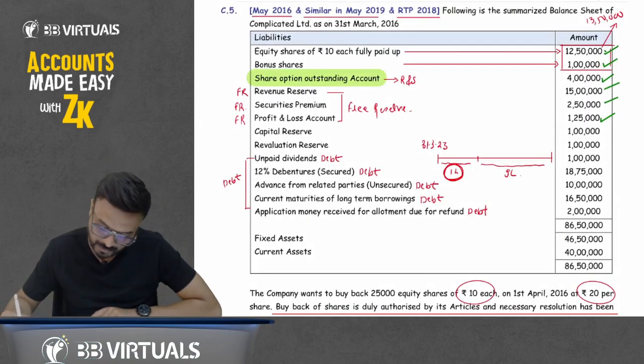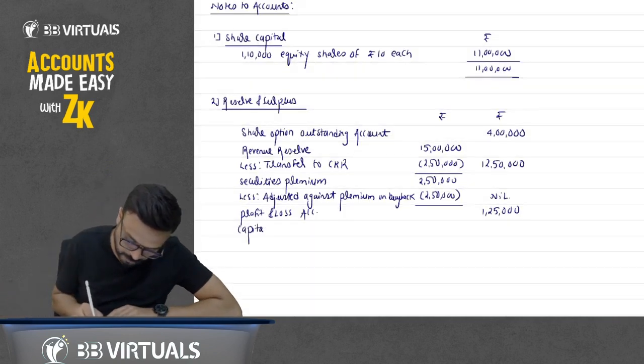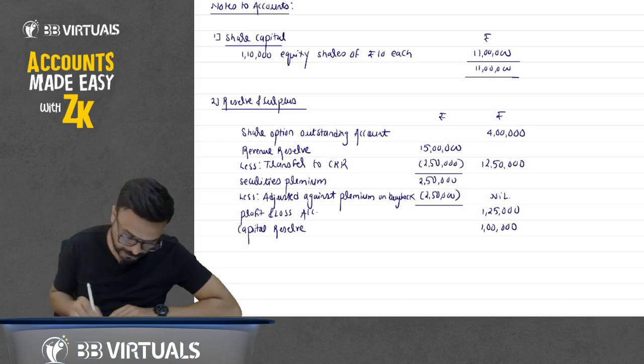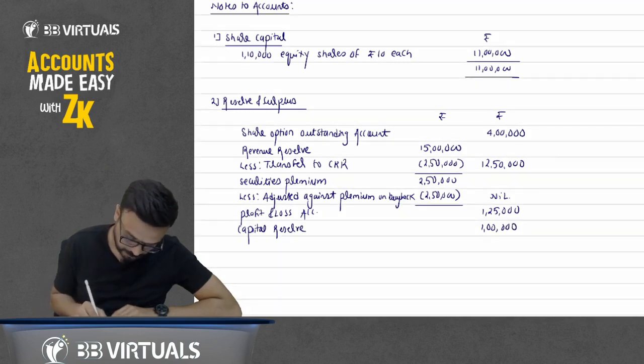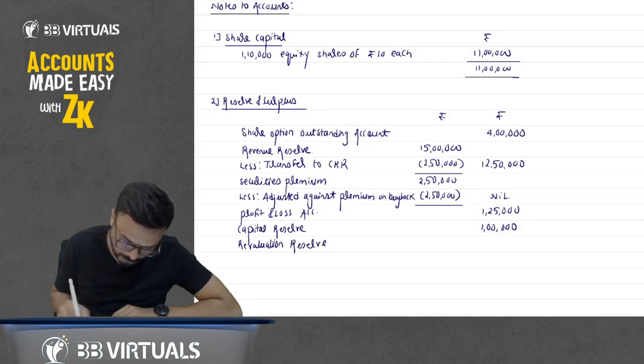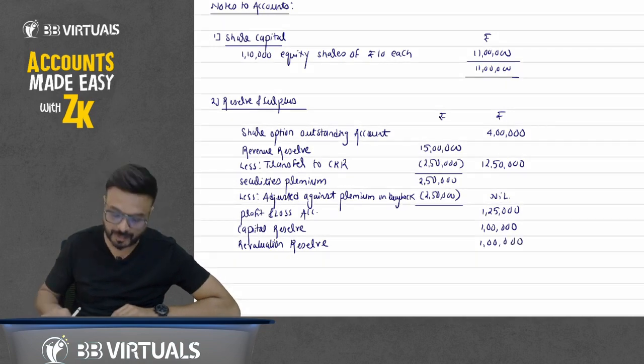Then we have capital reserve 1 lakh, revaluation reserve 1 lakh. Write down there: capital reserve 1 lakh. Then revaluation reserve, we have 1 lakh.